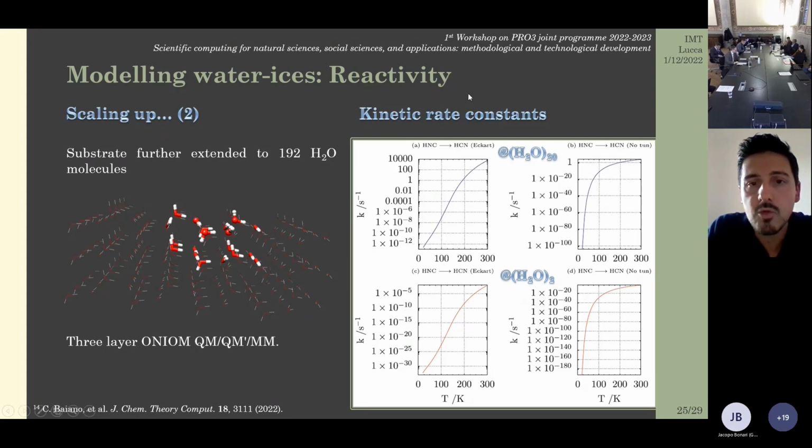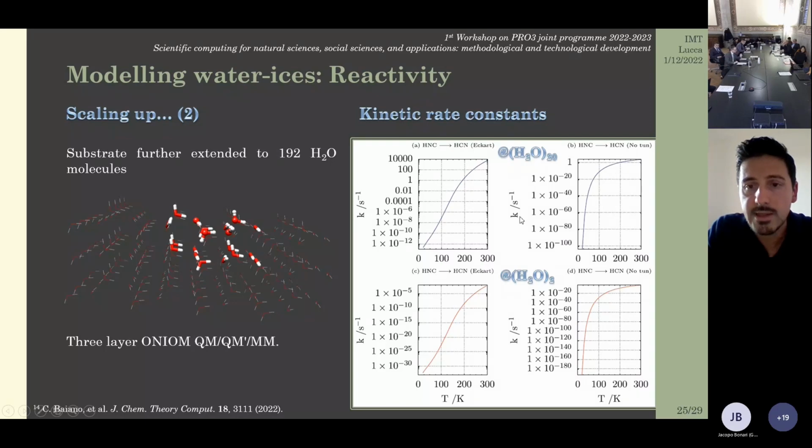And then from the thermochemical parameters, we computed the kinetics of the reaction, again mediated by the water dimer and on the cluster composed by 20 water molecules. You can see by comparing these graphs that actually the reaction proceeds faster by several orders of magnitude on the cluster.